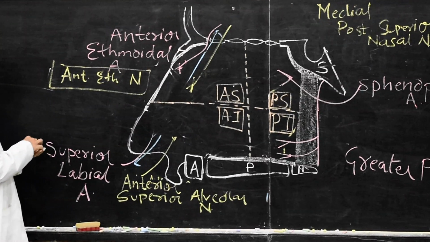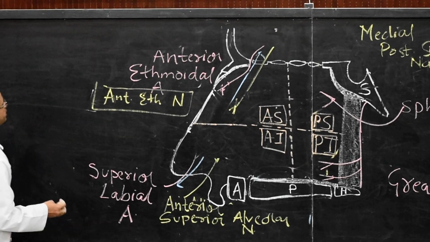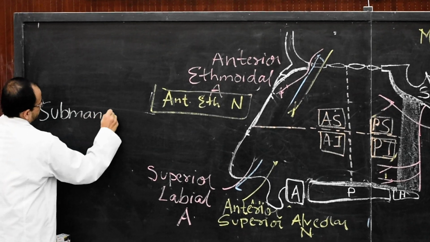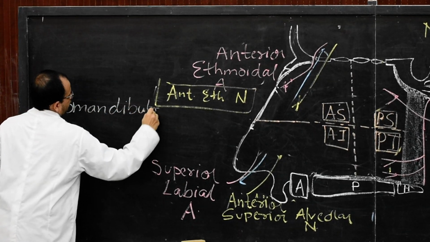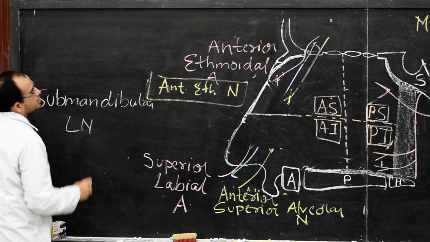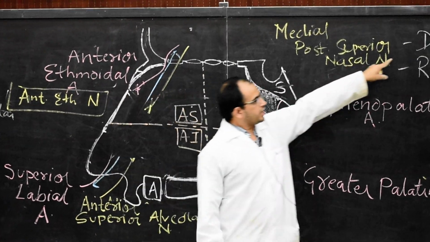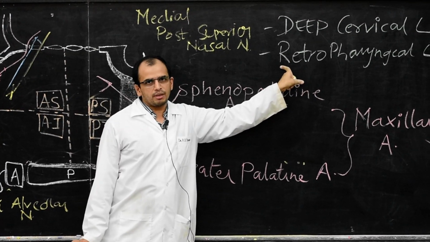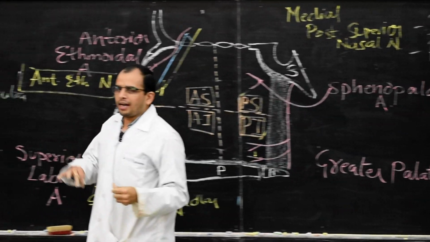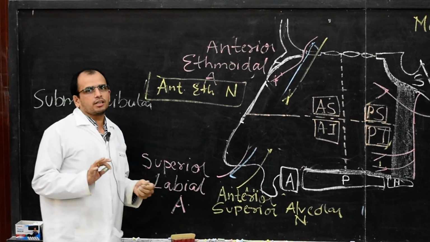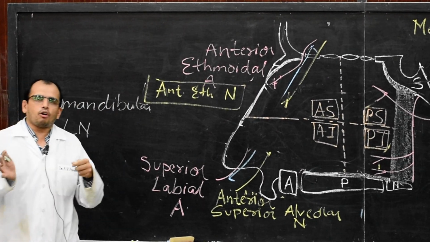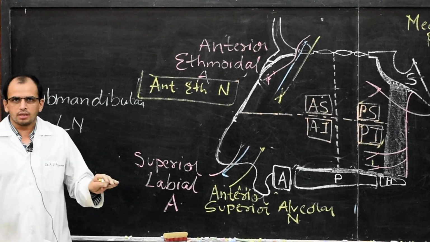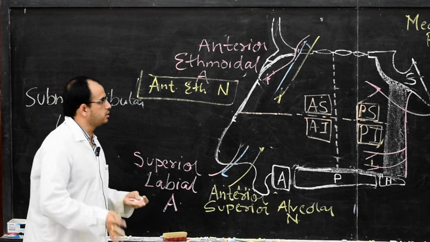Also the lymphatic drainage: the anterior half of the lateral wall goes to the submandibular lymph nodes, and the posterior half goes to the deep cervical lymph nodes and the retropharyngeal lymph nodes. That remains the same. So the arterial supply, venous drainage, and lymphatic drainage of the medial wall, that is the septum, and the lateral wall are almost the same. There is not much change as far as names are concerned.